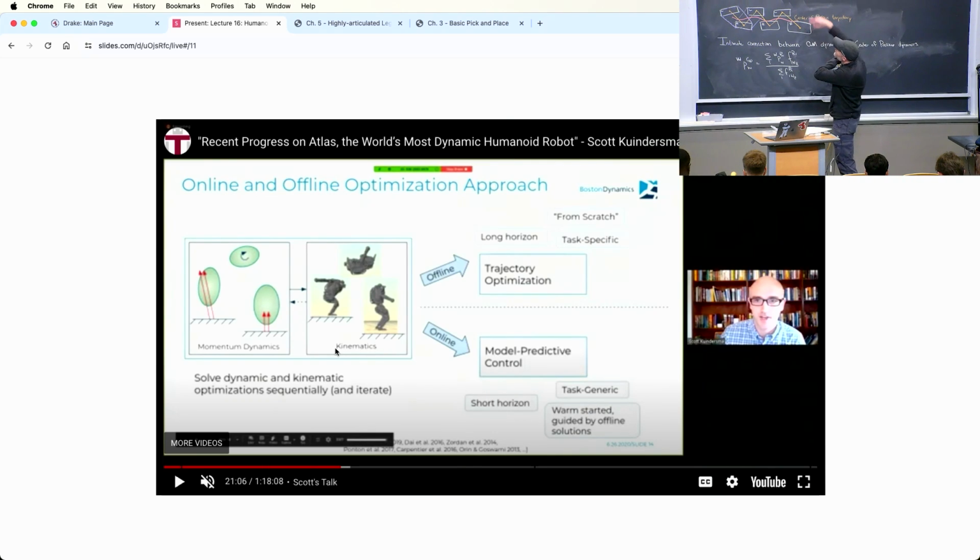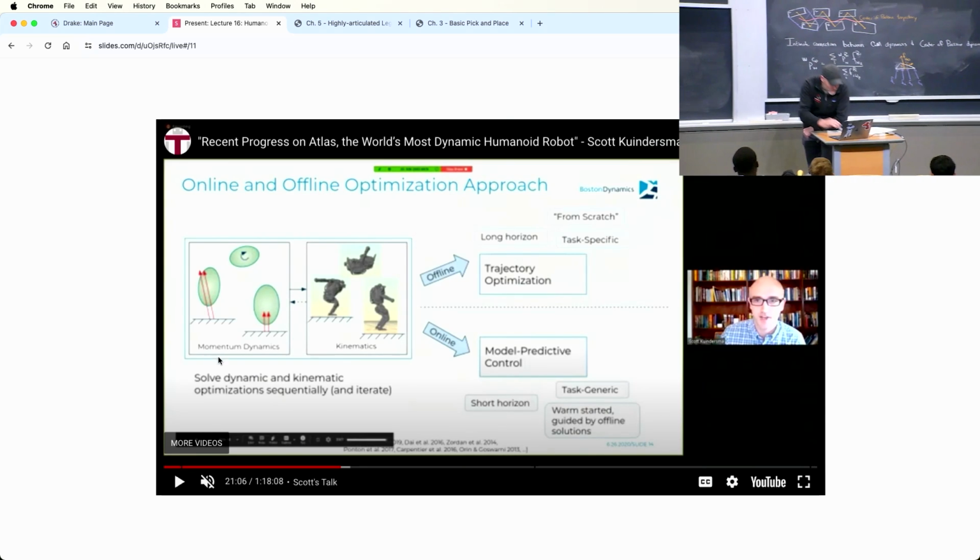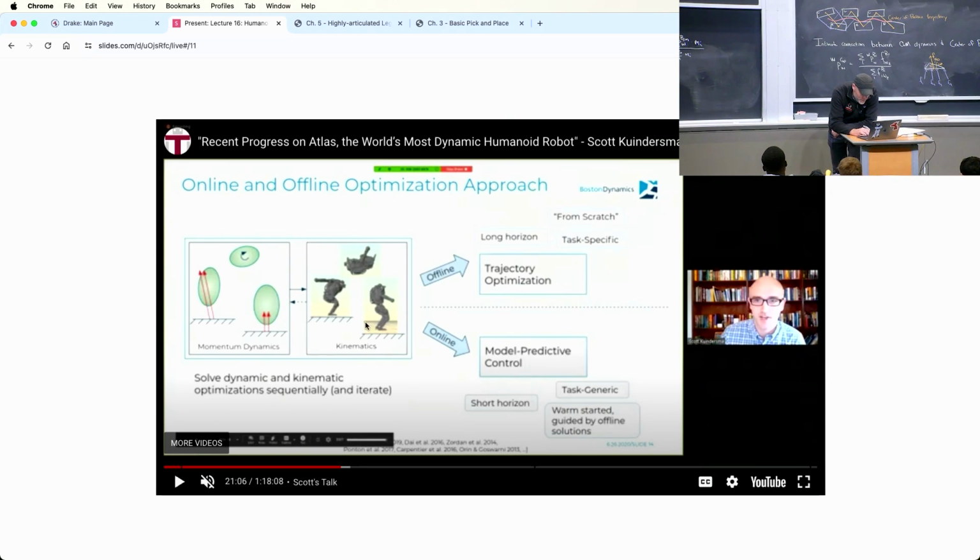One thing you can do is optimize your center of mass and some joint angles at the same time. You still use the center of mass dynamics, but you use the leg kinematics. So centroidal dynamics and full kinematics is the way that they're solving this. That lets you write tighter constraints about where those forces can possibly come from. And they do offline trajectory optimization for these complicated flips, and then online trajectory optimization to stabilize.